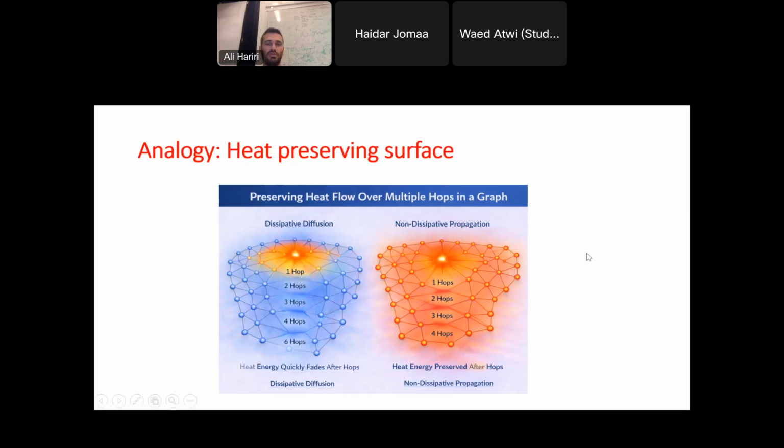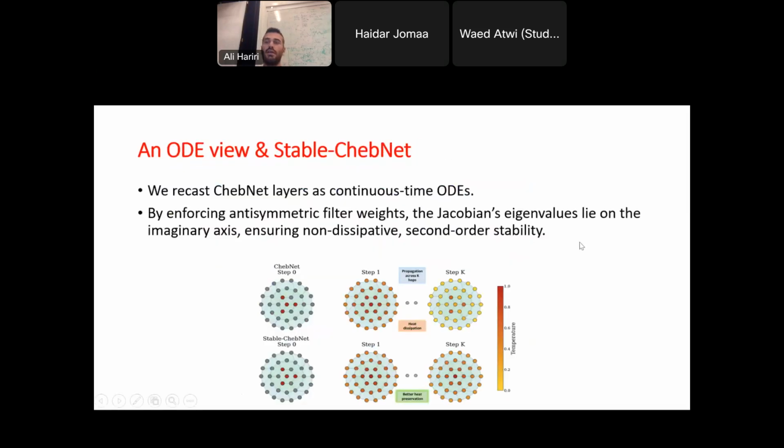And then comes the novel contribution that we have. It's called stable ChEPNet. We cast ChEPNet, as I said, as a continuous time ordinary differential equation. Now the goal is to preserve the information flow while going from A to B at a level of k steps. To do that, we enforce a trick called the anti-symmetry trick.